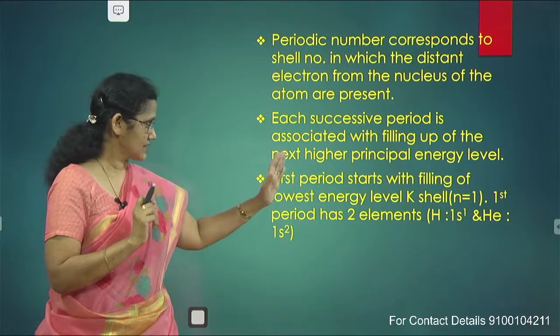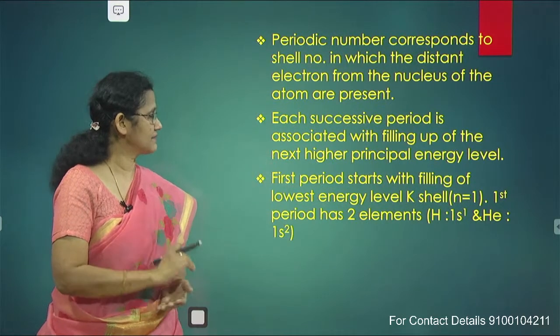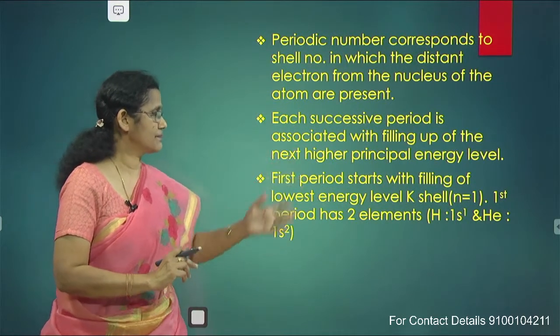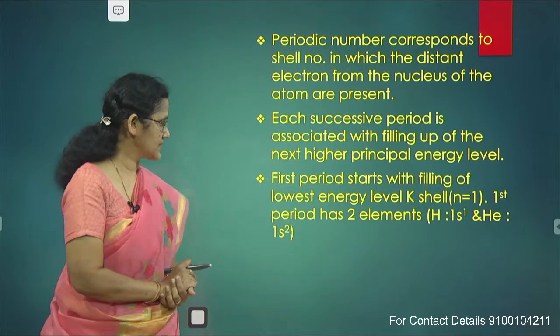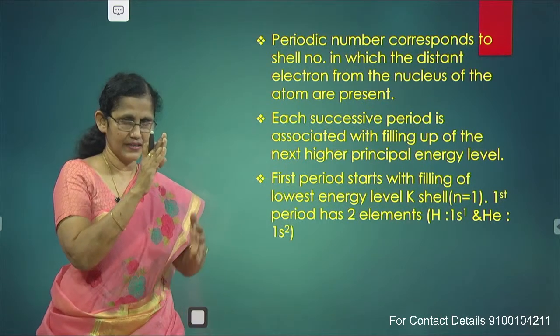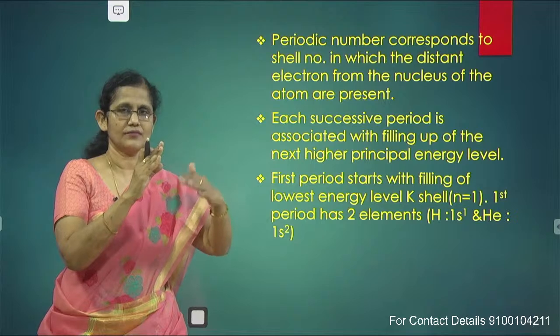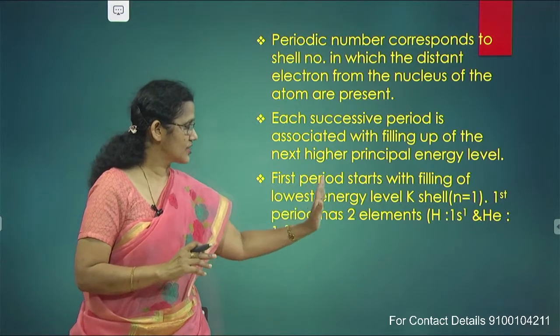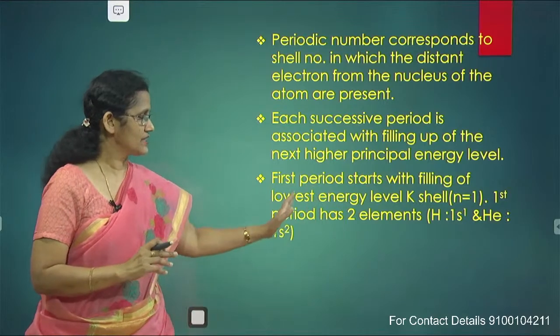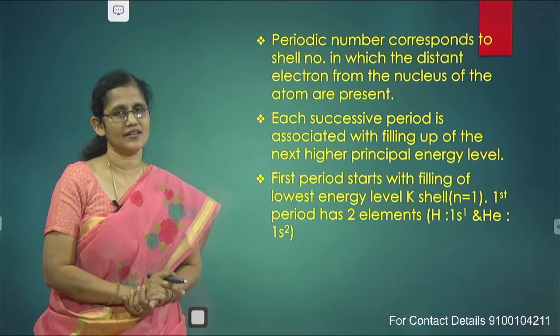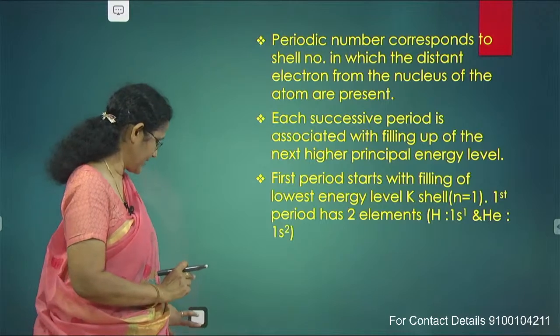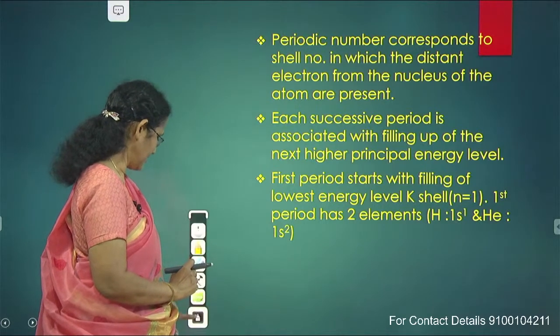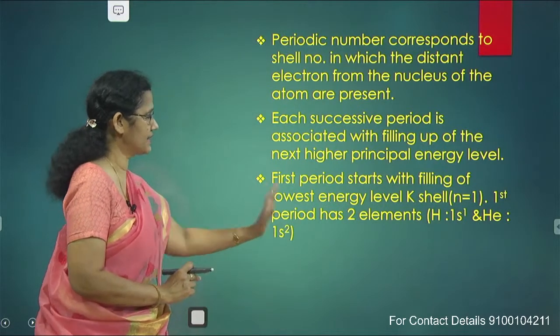So, each successive period is associated with filling of the next higher principal energy level. First 1s is filled, next period successive filling of 2s, 3s, and it goes on. First period starts with filling of the lowest energy level, K shell, right. So, we are now writing about how the energy levels are filled.